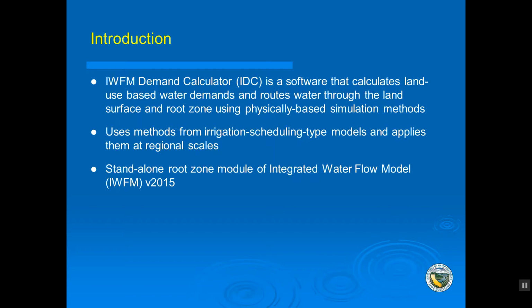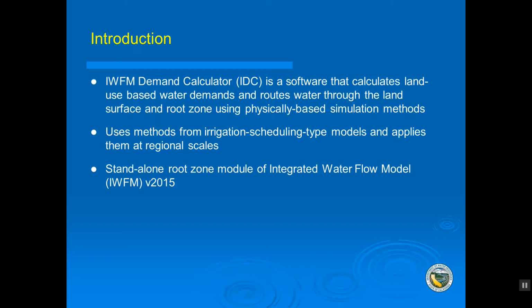Basically, IDC stands for IWFM Demand Calculator. It's a nested acronym. IWFM is an integrated hydrologic model, kind of similar to MODFLOW, and stands for Integrated Water Flow Model. So IDC is the IWFM Demand Calculator, and as the name implies, it's a demand calculator based on agricultural parameters as well as urban demand.